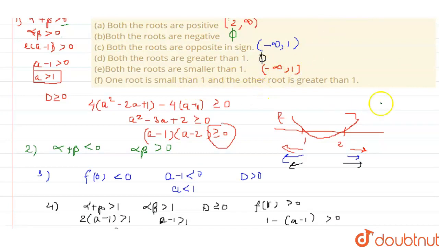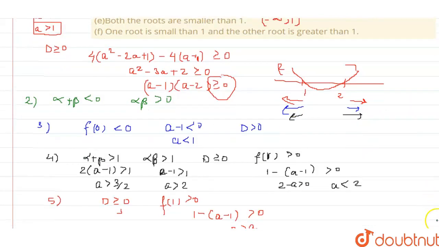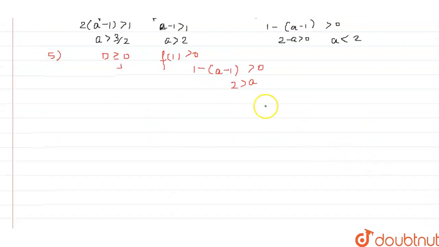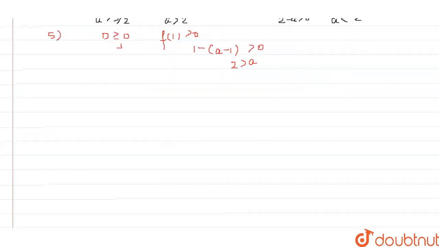Next is when one root is smaller than 1 and another root is greater than 1. So simply we are going to apply two things. That is, f of 1 should be less than 0, because 1 is going to lie somewhere between the roots, and d should be greater than 0.